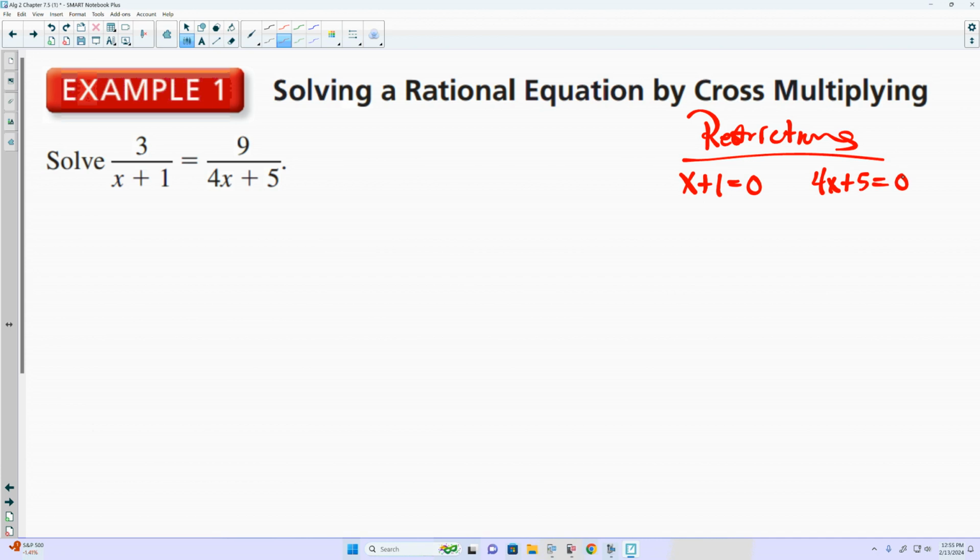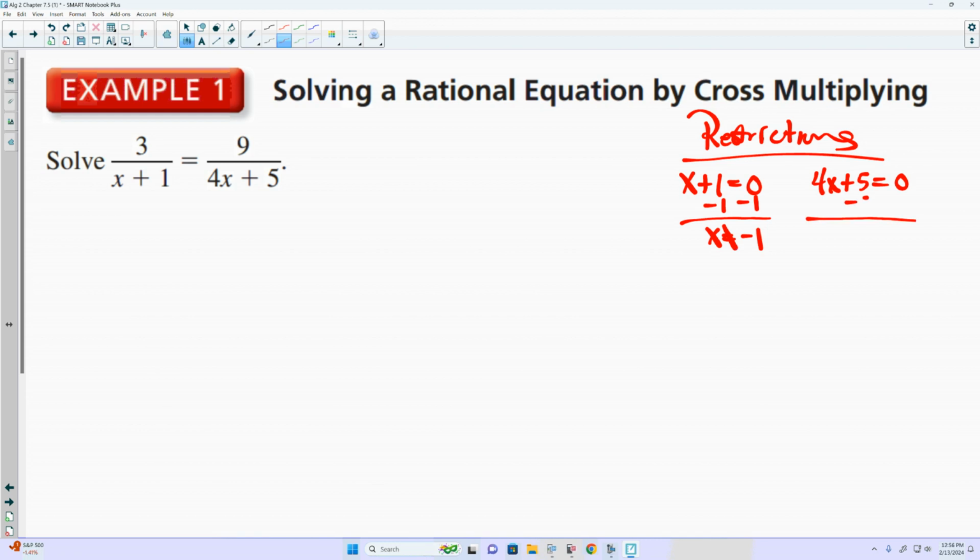So what's going to make the denominator be 0? One of them is going to be x plus 1, and the other is 4x plus 5, because whatever value of x will make these be 0 cannot be a solution. Subtract 1, so it's telling us if x is -1, it would make the denominator be 0, so one of our restrictions is that x cannot be -1.